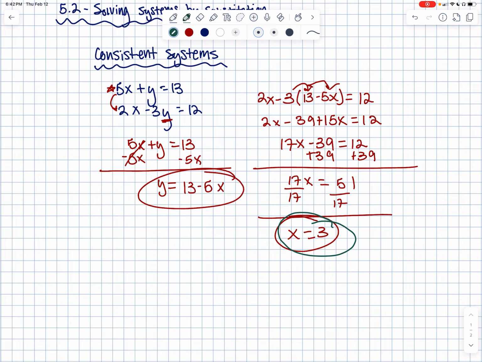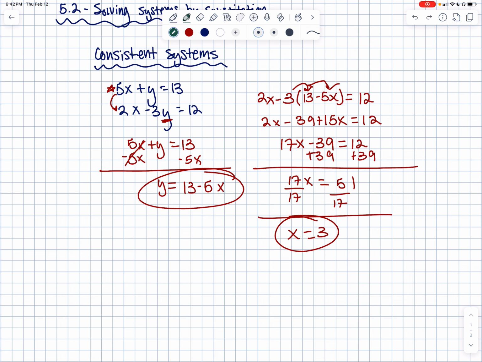Now I'm going to use x equals 3 to solve this equation here. It's like a full circle here. We're going to get a coordinate in a second. I'm going to keep the color green here.